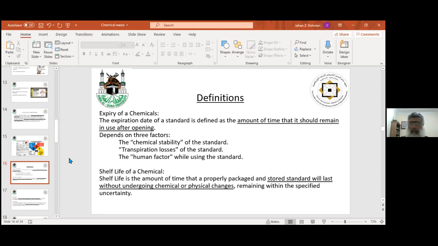else. Because we know that if the expiry date is for 2 days and we put it for 4 days outside the refrigerator, then it will not be milk. So there is an expiry of everything, even for humans.